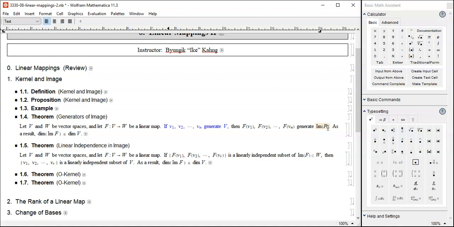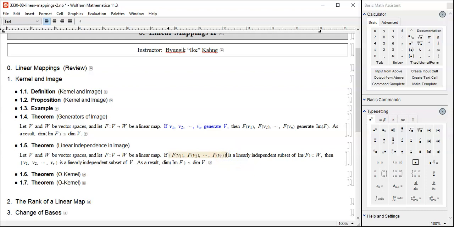How about 1.5? 1.5 is about linear independence. So compared with generators, it's complementing the other way. Please recall that a basis means generating and linear independence put together. So we are talking about two different aspects here. Related? Kind of. Similar circumstance, but this is backward.